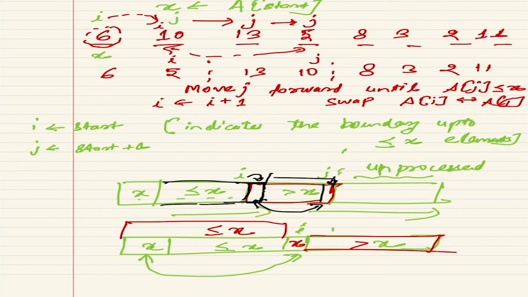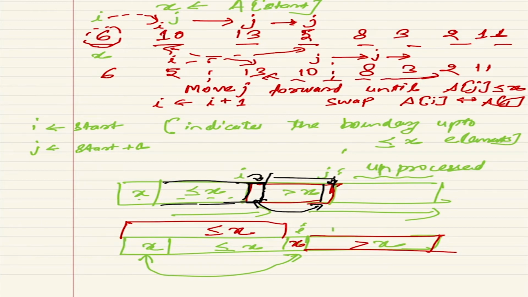So you will go forward with j greater than x, nothing to be done. Again go forward with j less than x, so you swap. How do you swap? You first move i and then swap this with this.